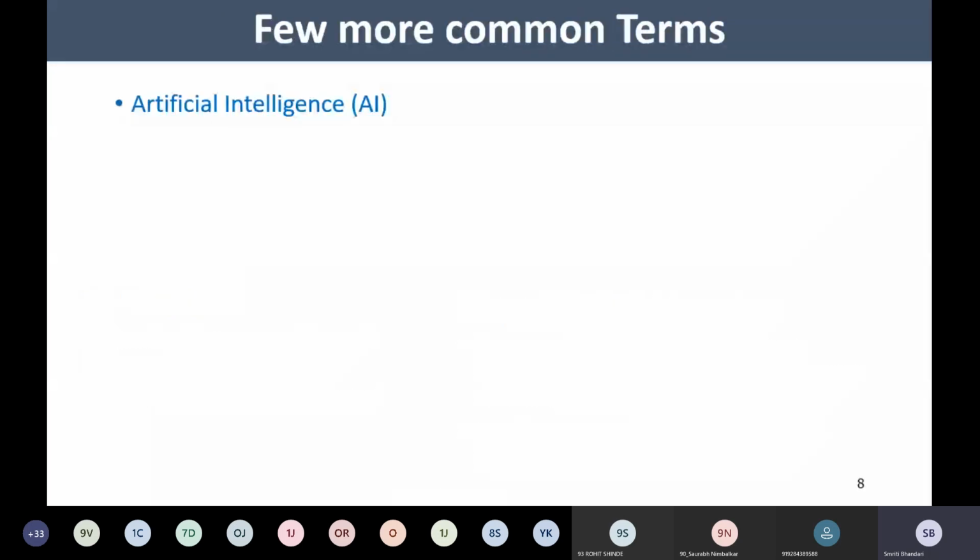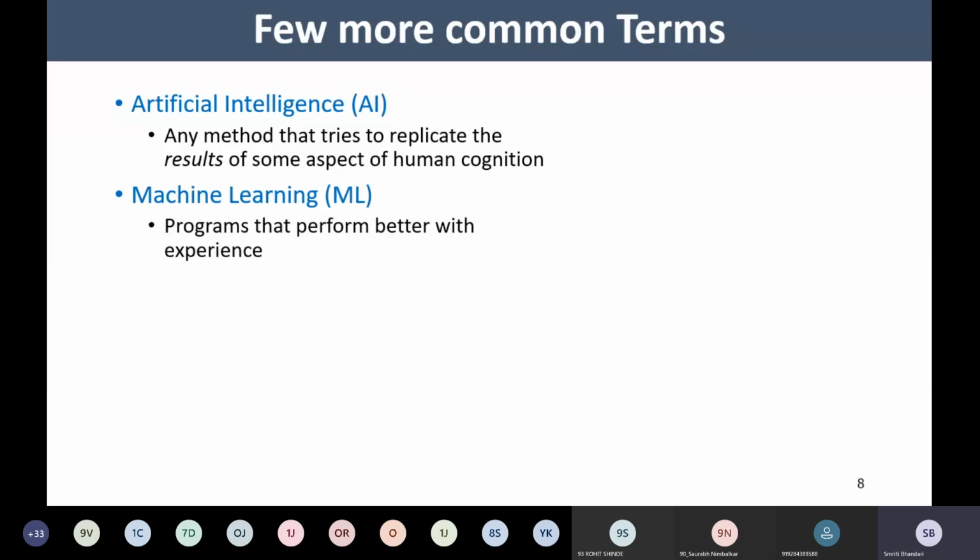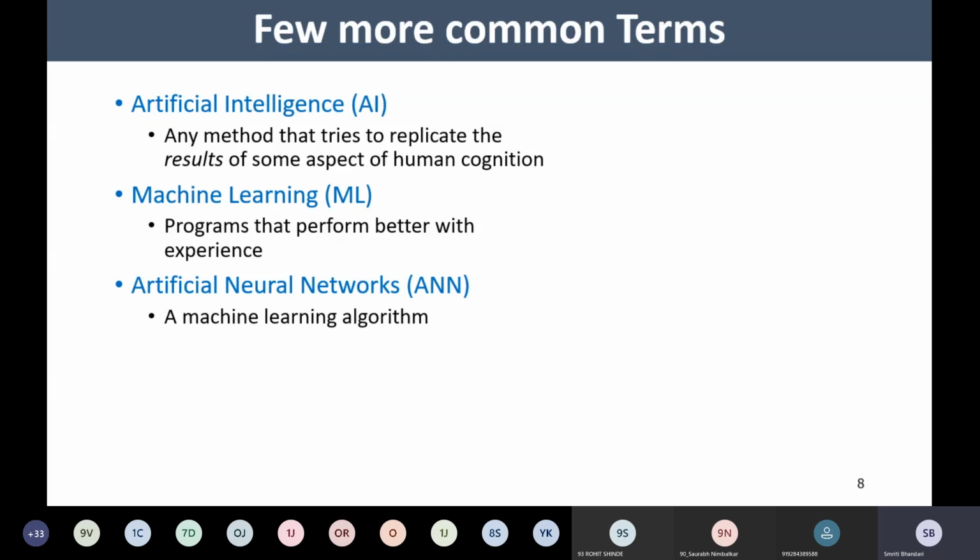Also, we touched on a few of the terms. Artificial intelligence: any method that tries to replicate the results of some aspect of human cognition is artificial intelligence. We talked about machine learning also, programs that perform better with experience. Artificial neural network is a kind of machine learning algorithm.